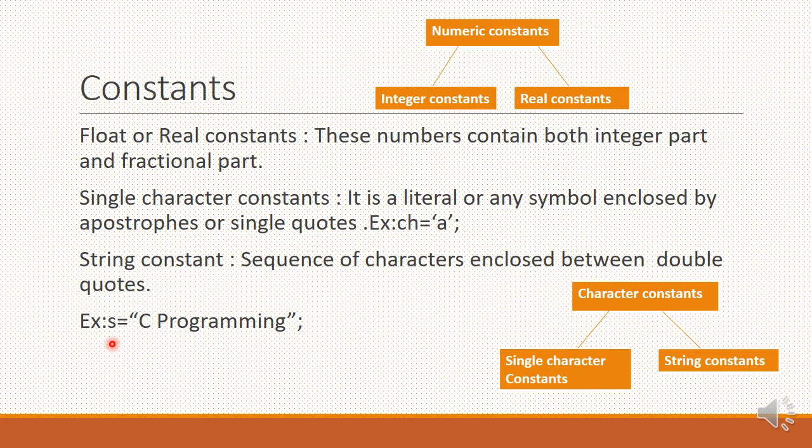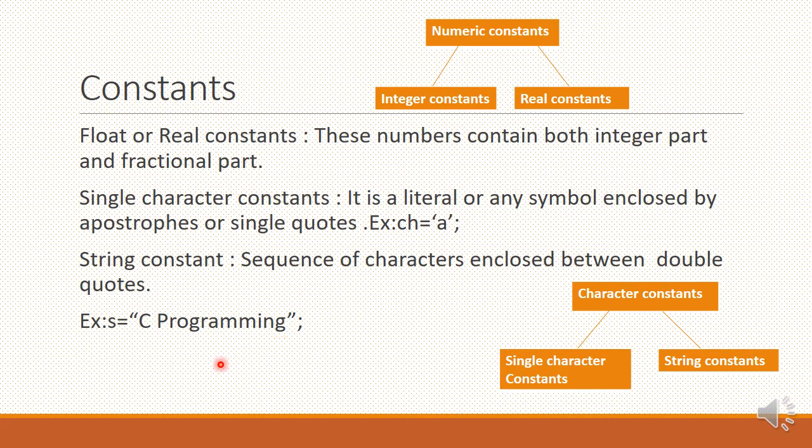Next, let us come to the string constant. What do we mean by a string constant? A string is a set or sequence of characters enclosed between double quotes. For example, in the double quote I have written C programming.